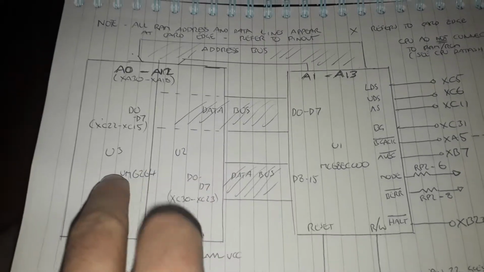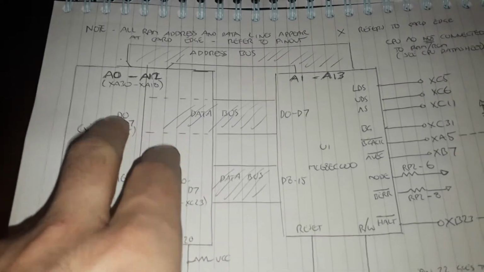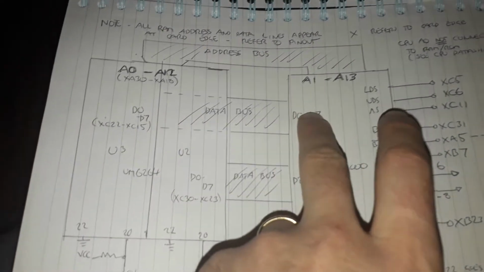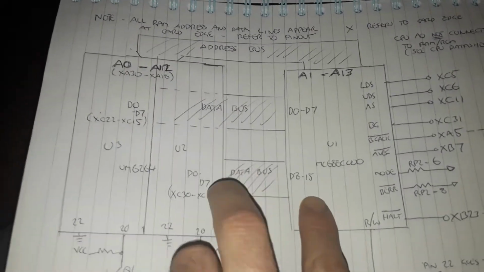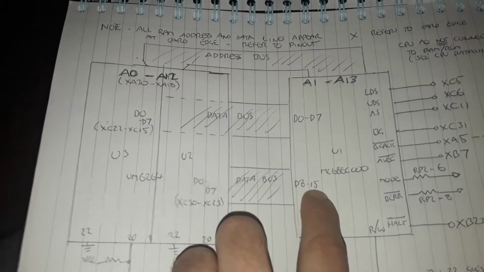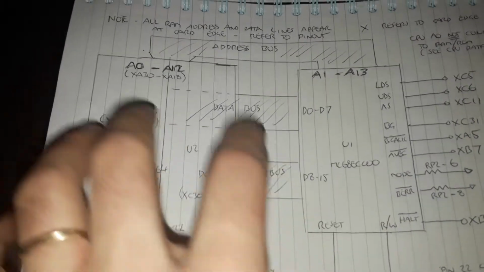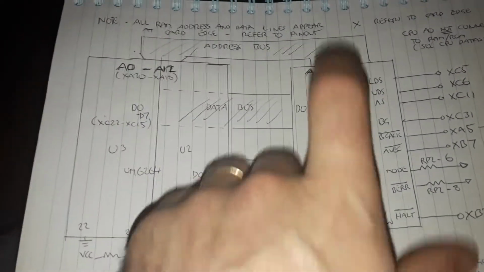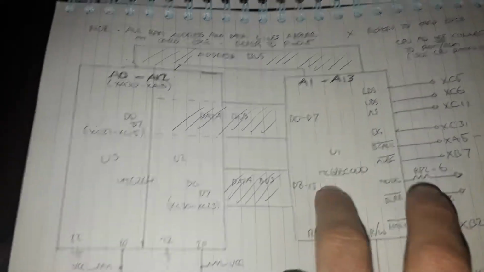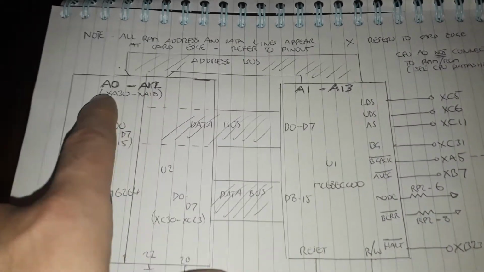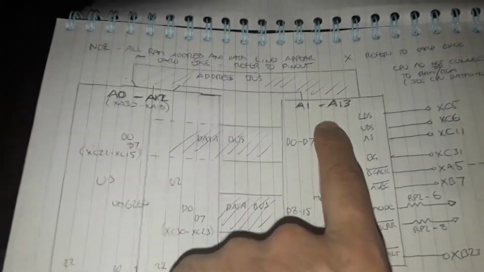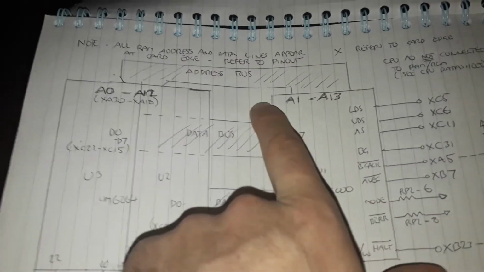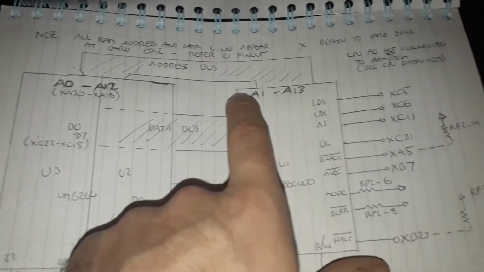On U2 and U3, D0 to D7 go to the RAM CPU, but the thing to remember is U2, D0 to D7 here go to D8 to D15 on U1, and on U3, D0 to D7 go to D0 to D7 on U1. The address bus, as I explained earlier, on the RAM it's A0 to A12, and it goes to A1 to A13 on the CPU. Remember, bit A0 is not used.